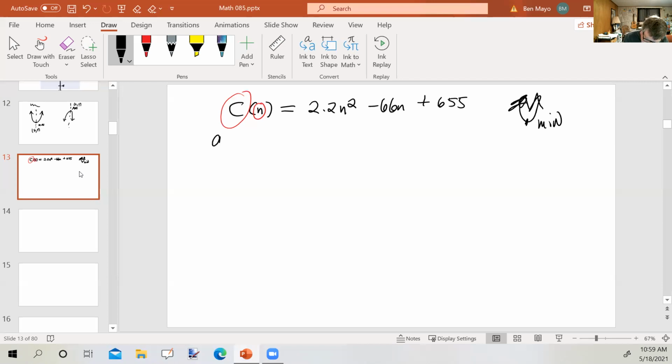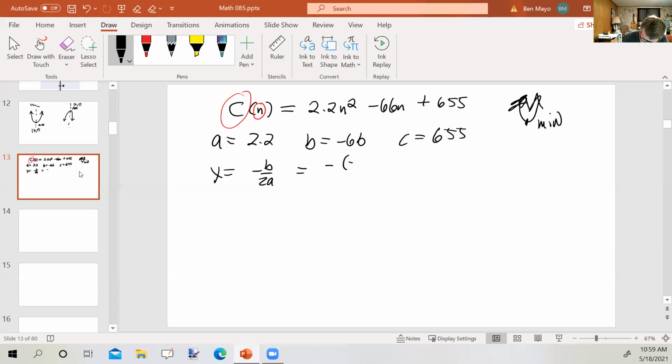Okay, so what have we got? A is 2.2, B is -66, and C is 655. So to find the vertex, we're going to use x equals -b over 2a. Now, technically, we're using the input n, but I'm going to just use x and y to start with.